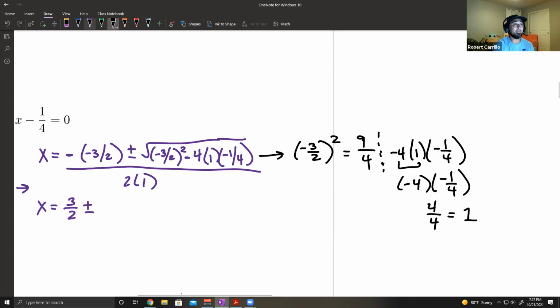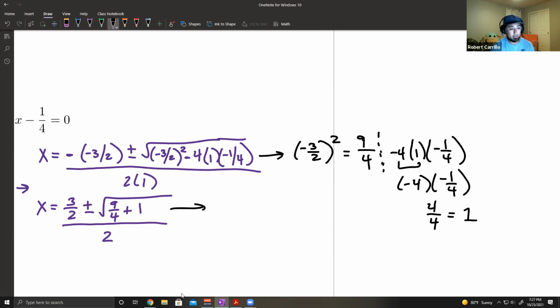So what we're left with inside the square root, so 3/2 plus or minus the square root, is 9/4 plus 1, all over 2. Now, of course, we have to handle that 9/4.